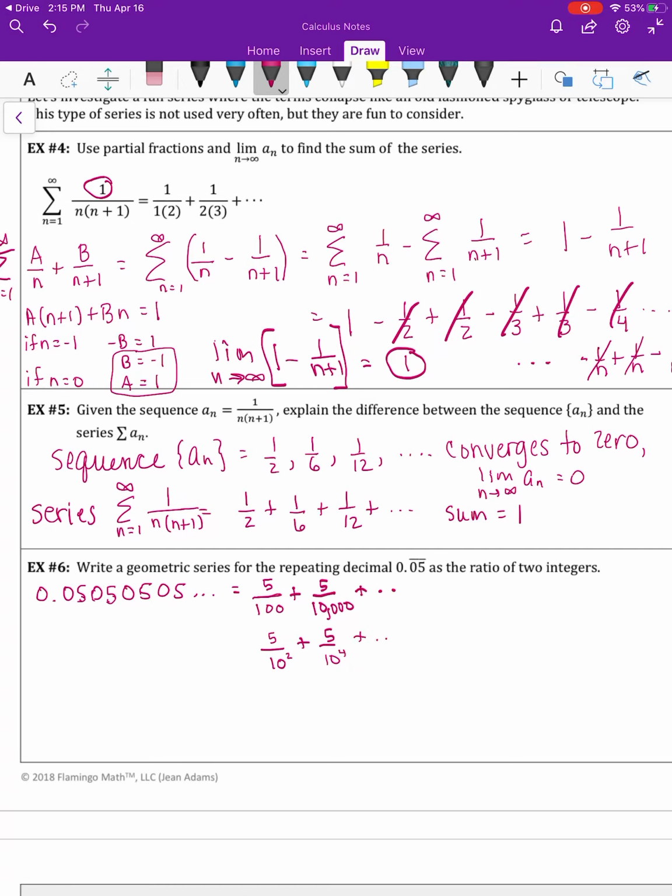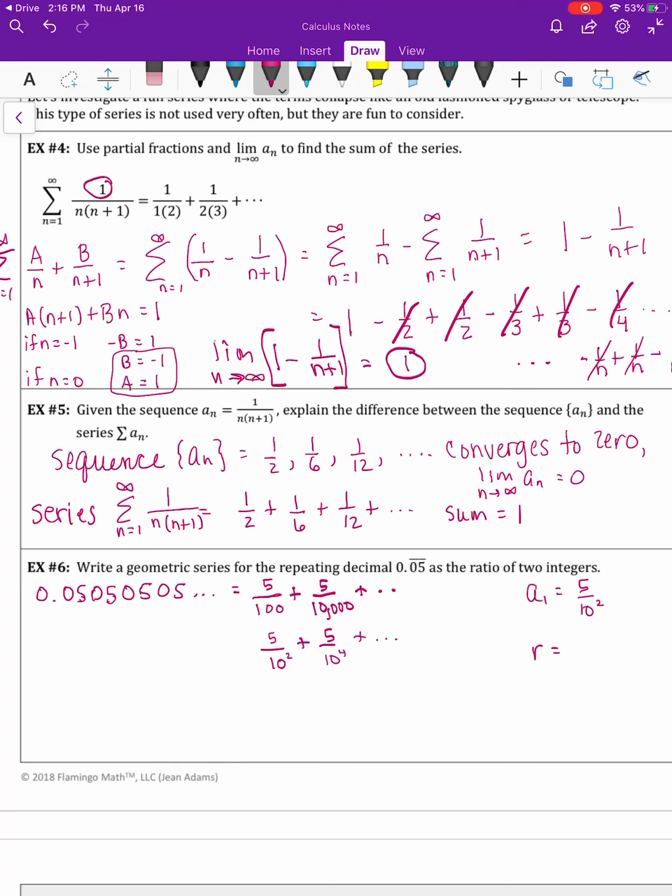But then I could add 5/10,000ths, 5 over 10 to the 4th, and then ... right? So the next one would be 10 to the 6th in the denominator, and then 10 to the 8th in the denominator.